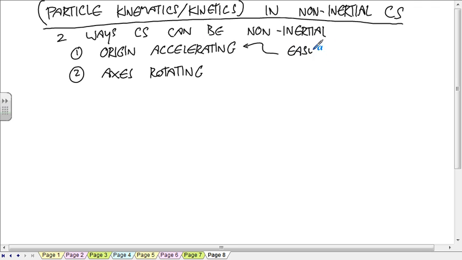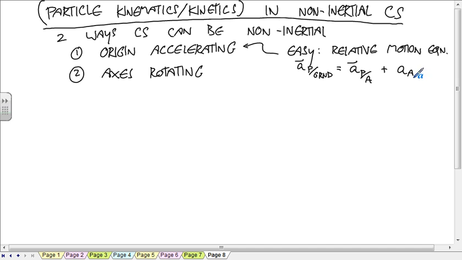So this is easy, compared to the other one. You just use the relative motion equations. And if we're talking about acceleration, you just use the acceleration of p relative to the ground is equal to the acceleration of p relative to a plus the acceleration of a relative to the ground.